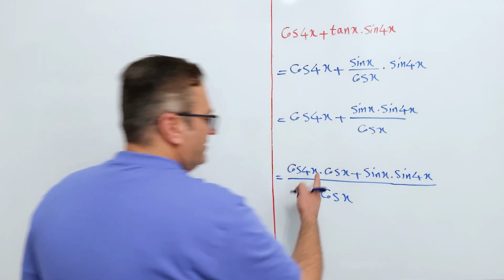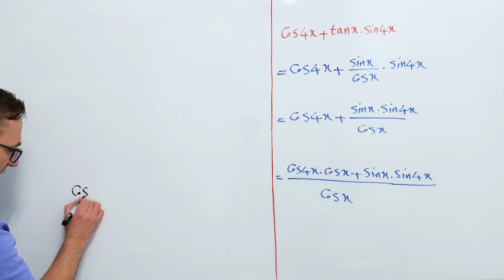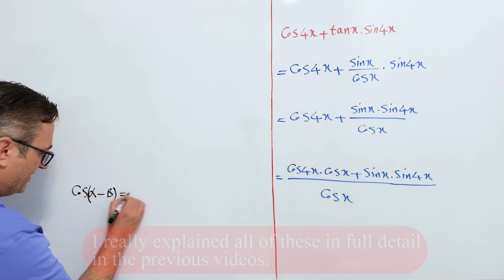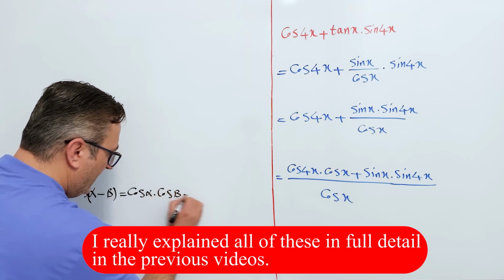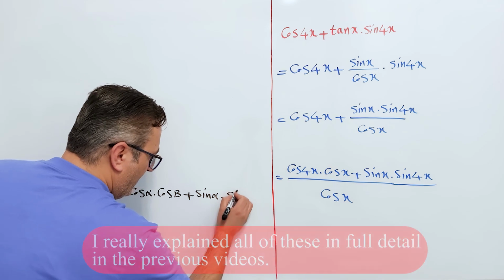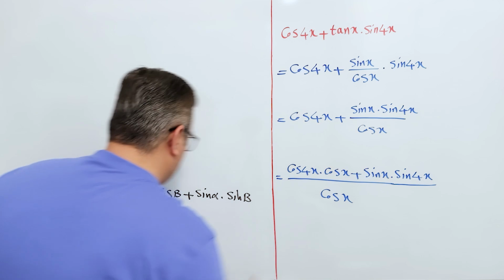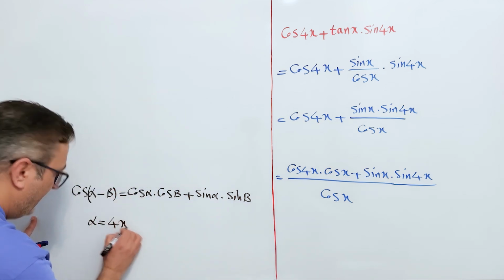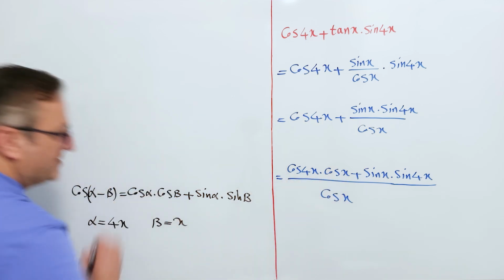So do you remember this formula? Cosine of alpha minus beta is equal to cosine of alpha times cosine of beta plus sine of alpha times sine of beta. Okay, so look at this expression. Alpha is 4x and beta is x.